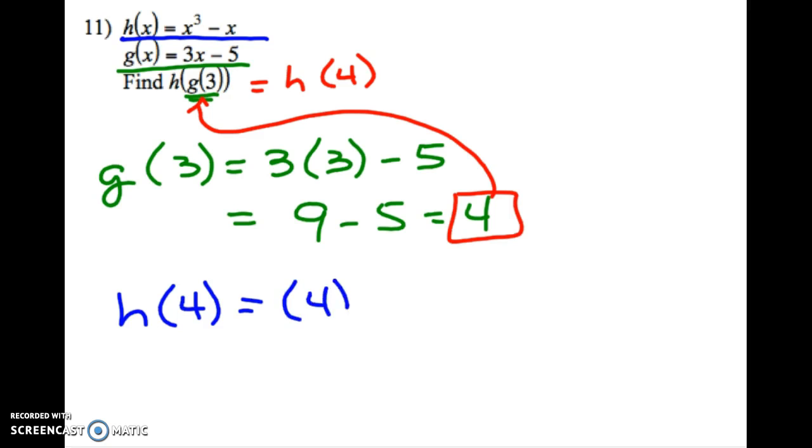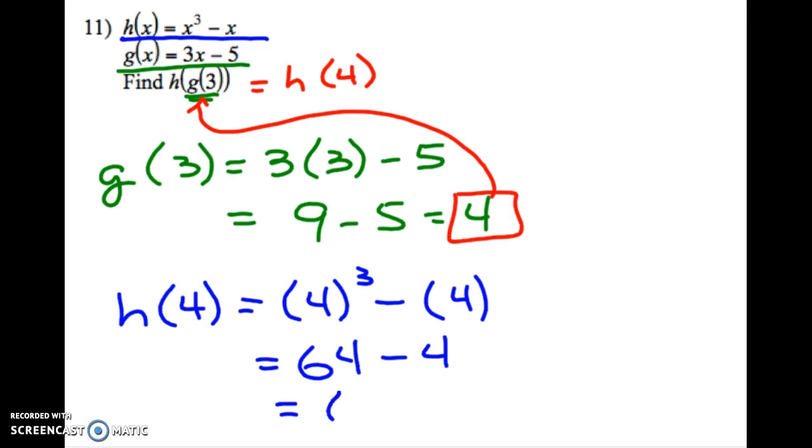So we're going to put 4 in for the x. In this case, 4 is getting cubed to start with. And then we're actually going to subtract x, so we're going to subtract the 4. If you don't happen to know 4 cubed, plug it in on your calculator. Hopefully you should get 64. And we're going to subtract the 4. So in the end, we should get 60.